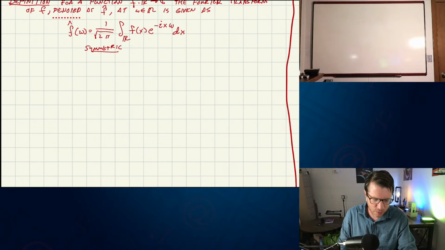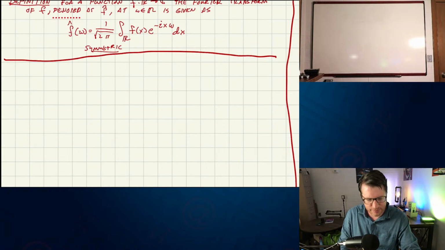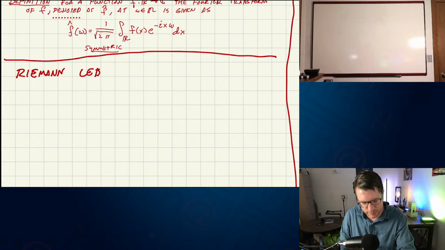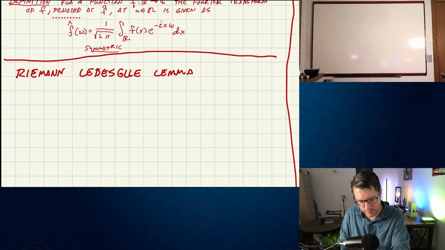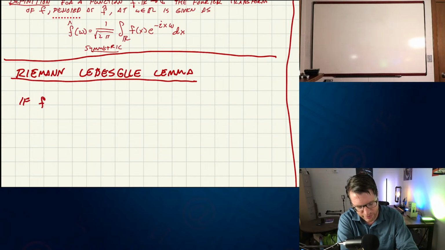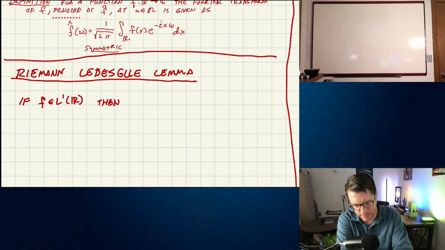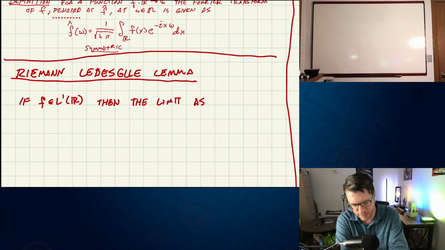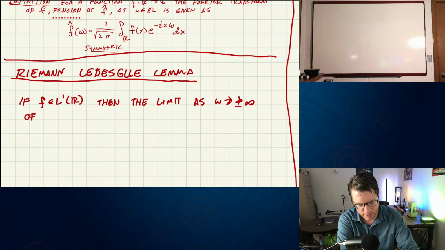All right, so that's our definition of our Fourier transform, so we don't forget it. And so this one is the Riemann-Lebesgue lemma. Basically it says that if f is inside of L1 of R, then the limit as omega goes to, say, plus or minus infinity of f hat of omega is 0.